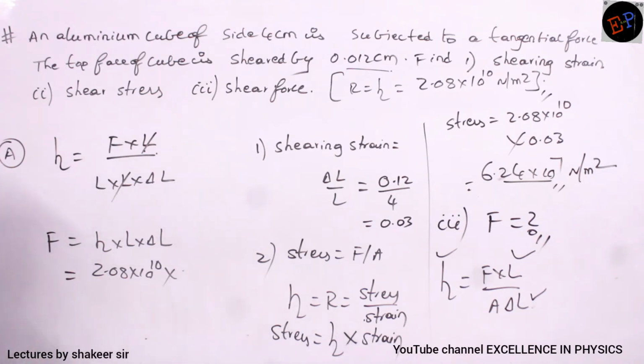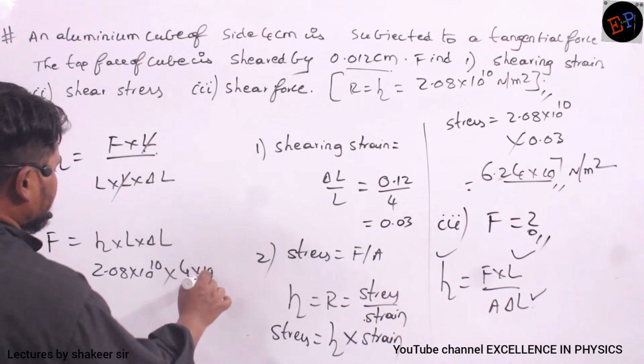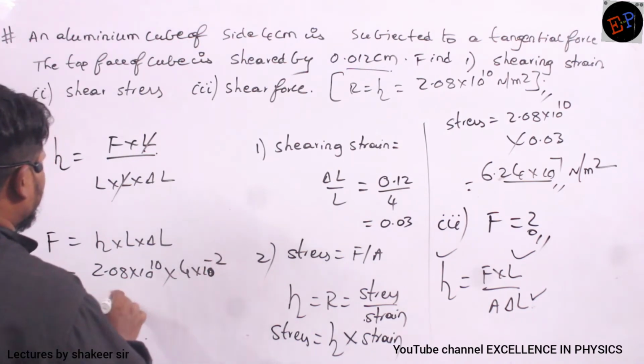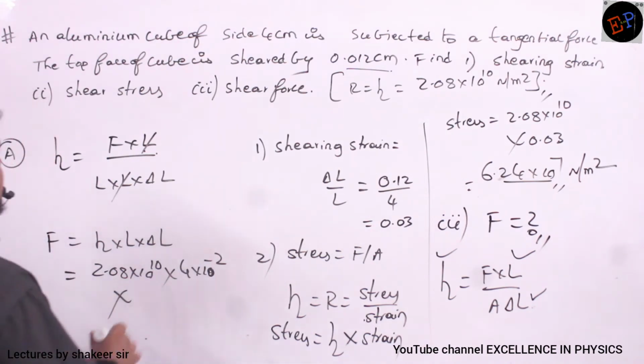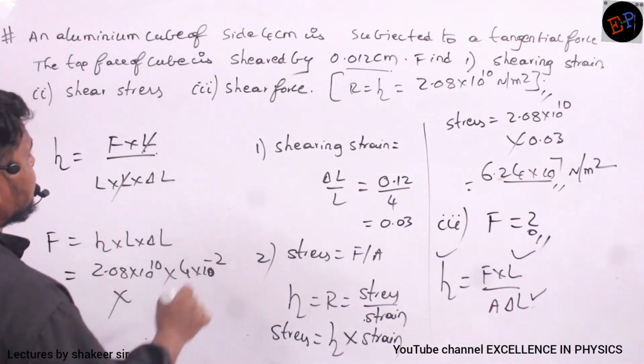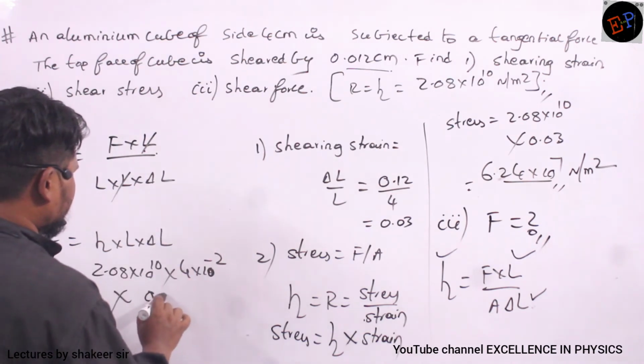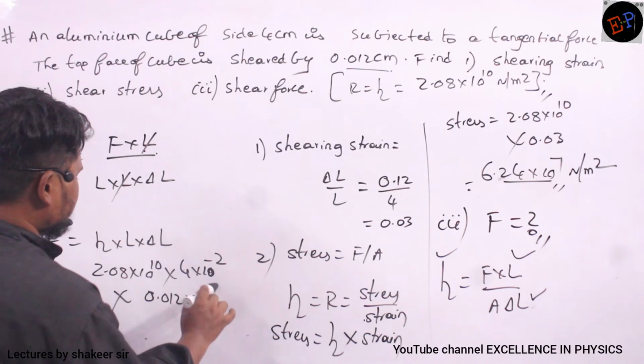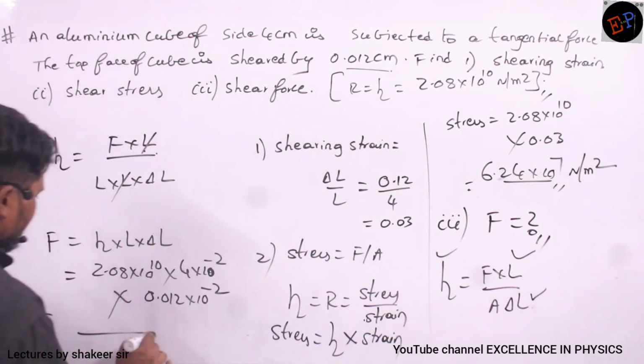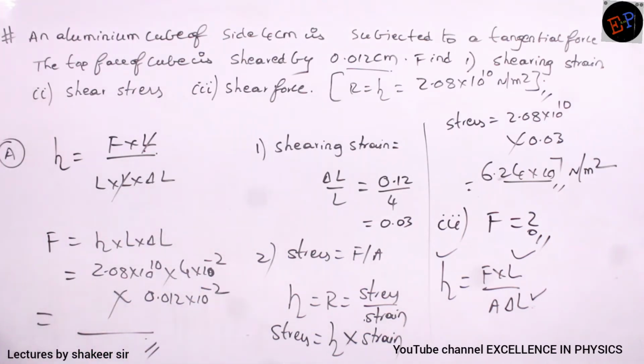Length is how much now? 4 centimeter. So 4 into 10 power minus 2 meter multiplied by change in length, how much? 0.12 into 10 power minus 2. So do this total calculation, you will get the force which is applied. Force is how much? 9.98 into 10 power 4.